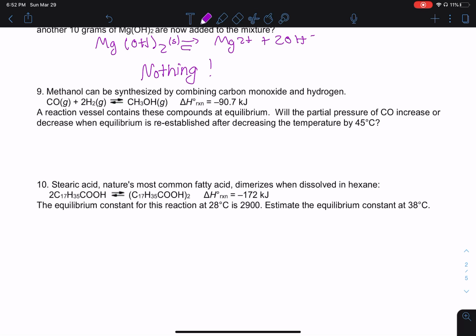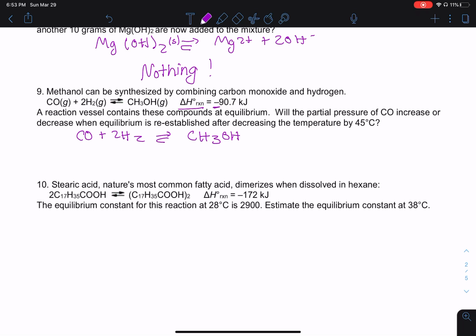So, let me write the reaction down. And here we see that the forward reaction is exothermic, because here is a negative sign and it yields negative 90.7 kilojoules.